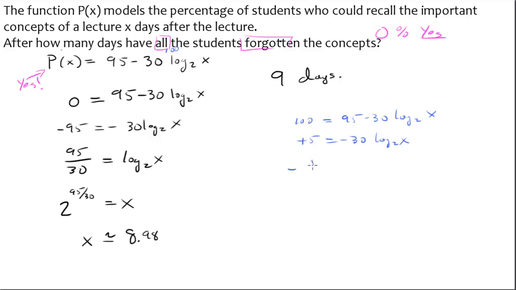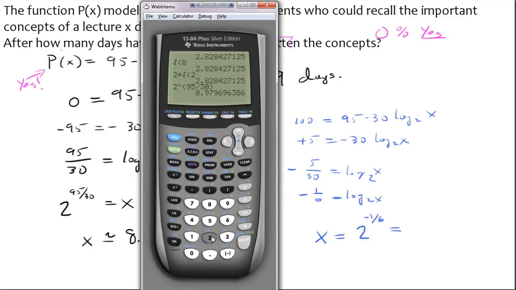And then when I divide, it would be a negative 5 over 30 is my log. It would be a negative 1/6 is my log base 2 of x. So x would be 2 to the negative 1/6.